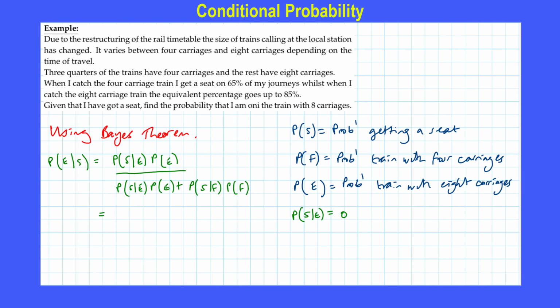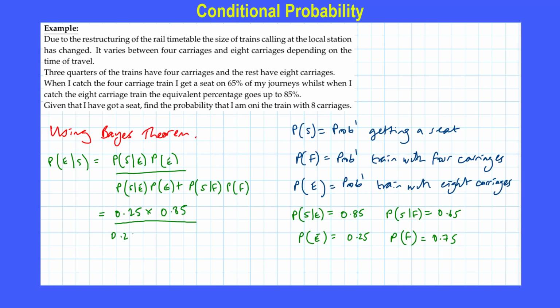So the probability that we get a seat on an 8-seater train is 0.85, and the probability that we get a seat on a 4-seater is 0.65. Probability of an 8-seater is 0.25. The probability of a 4-seater is 0.75. So substituting our numbers into this, type it in the calculator, and we get an answer and give it to 4 significant figures.